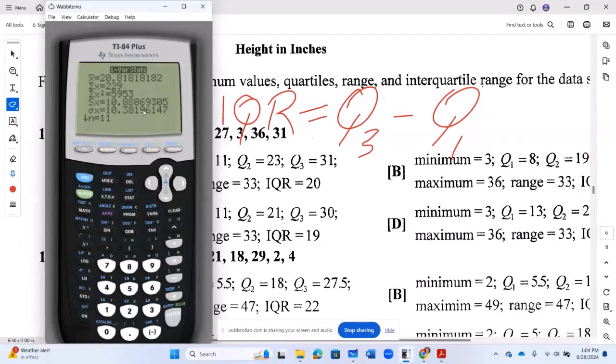Okay, so we're going to do another one. I want to make sure I do enough examples so that before you go today, you should be able to find the mean, the median, the 5-number summary, and also draw a box plot, find the interquartile range, find the range. The range is maximum minus minimum.